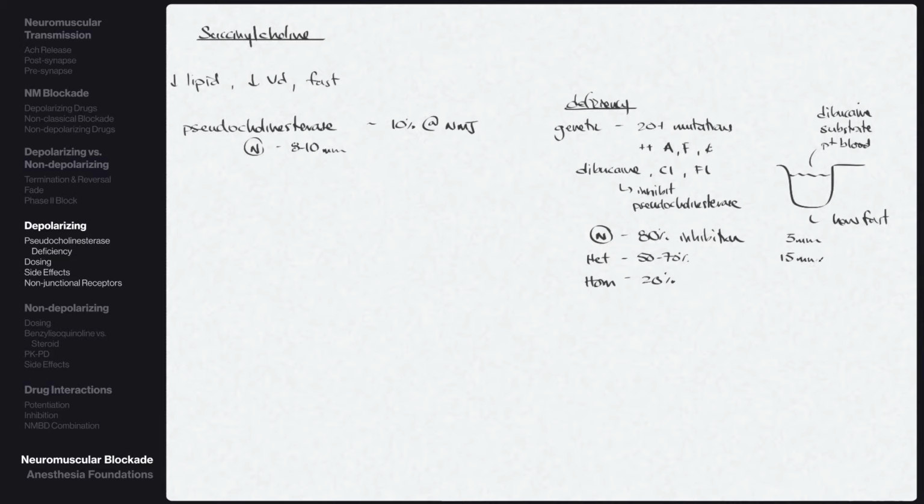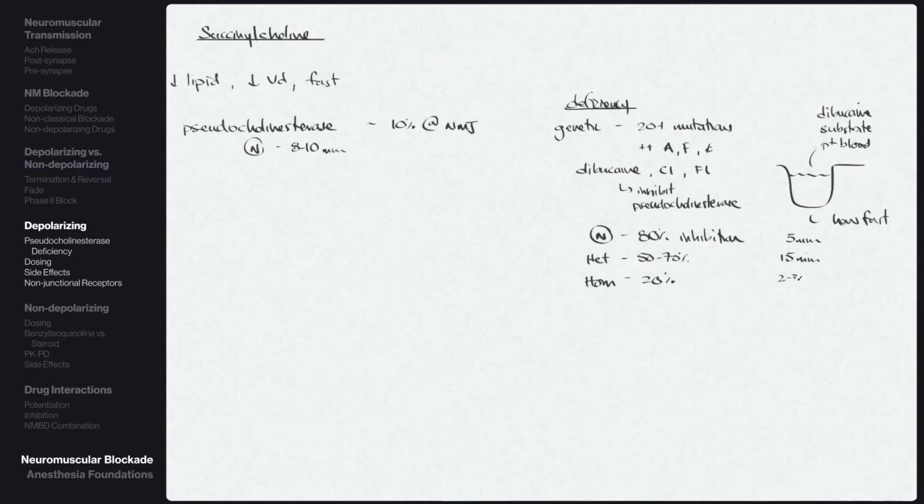In the scheme of our normal surgery, this is essentially not very clinically relevant because you often will have to redose a patient with potentially rocuronium or another non-depolarizing agent afterwards. So even though we see that there is some prolongation of 15 minutes, this really doesn't mean much to us clinically. However, we do notice that with a homozygote, they can potentially be apneic for 2 to 3 hours.